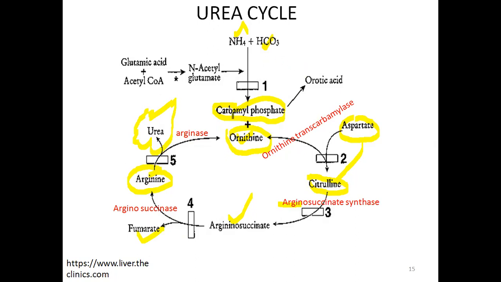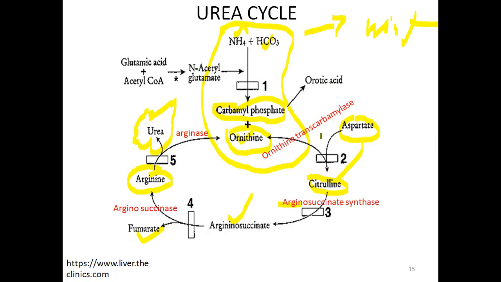And this reaction, where ornithine reacts with carbamyl phosphate, all these reactions occur in the mitochondria.